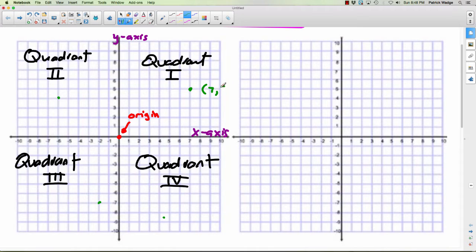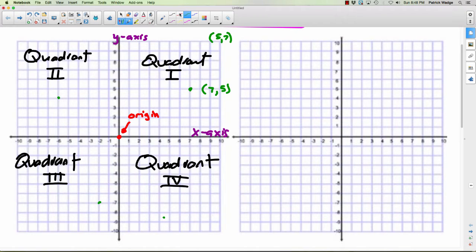So this point right there is 7, 5. This is called an ordered pair. Obviously it's a pair because there's two of them, and it's an ordered pair because order matters. 7, 5 is a lot different than 5, 7.